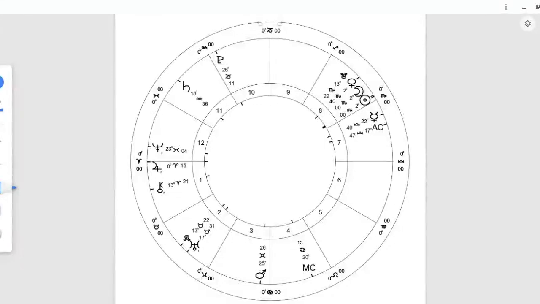All right, so finally we have the chart for the eclipse itself, which is happening again on October 25th, 2022. So we see this alignment here, Sun, Moon, and Venus.